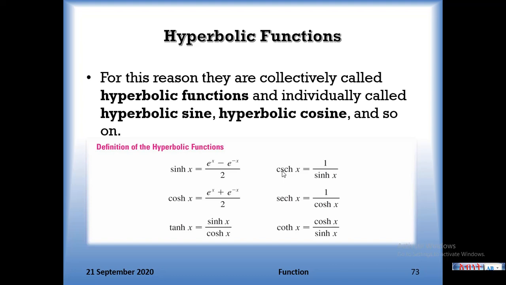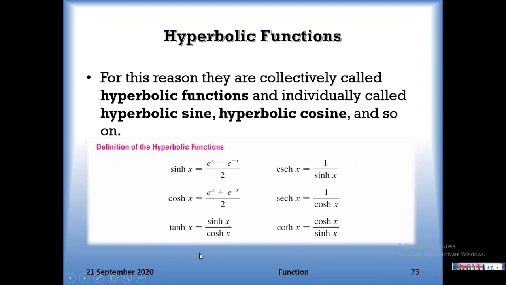Okay, hyperbolic functions. For this reason, they are collectively called hyperbolic functions and individually called hyperbolic sine, hyperbolic cosine, and so on. So the definition, sinh x is equal to e to the power of x minus e to the power of minus x over 2. I think now you know what e means.